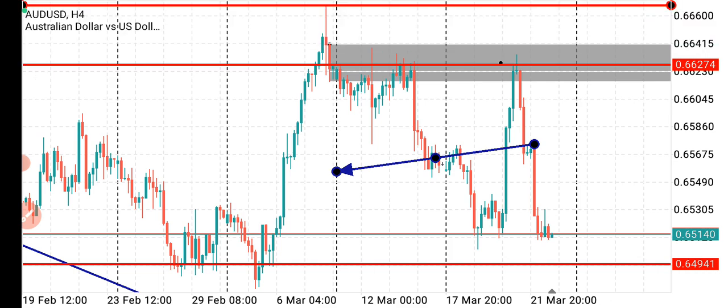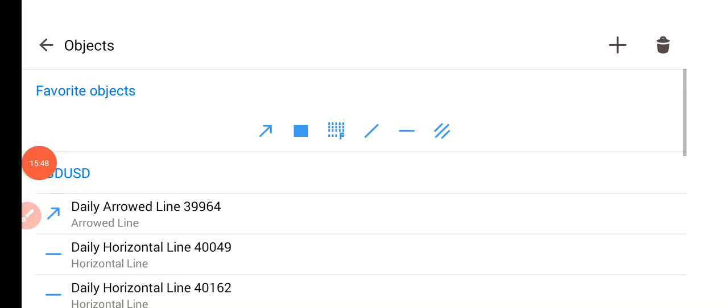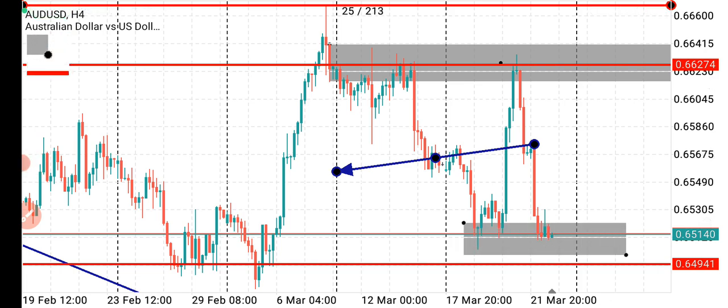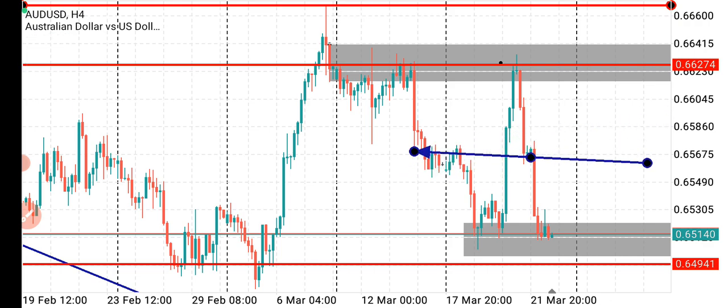You don't see it as a line. It is a zone, and that is exactly how it should be.